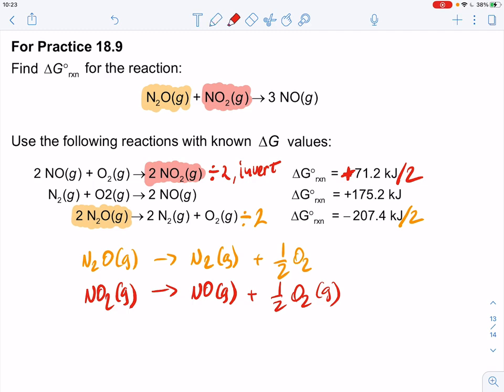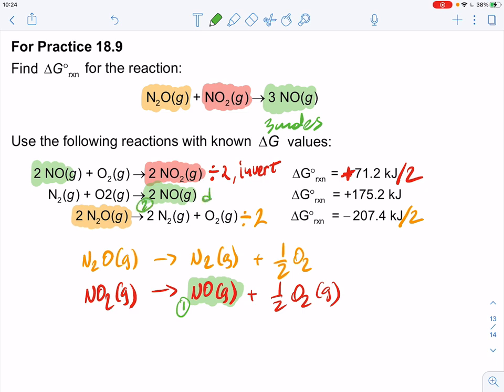Now, the next step, you have to be a little more careful because you are looking for nitrogen monoxide. And nitrogen monoxide is here, and it's also here. Okay, you have already used the first equation, so you are not touching that equation. Therefore, that equation is giving you 1 mole of nitrogen monoxide, but you need 3 moles. So if you have 1 here, there is 1 here, there is 2 there.